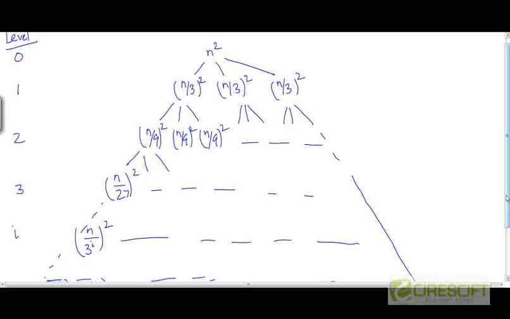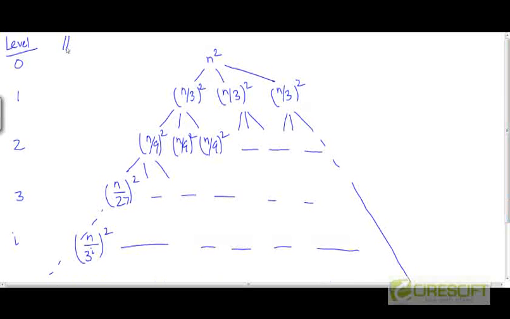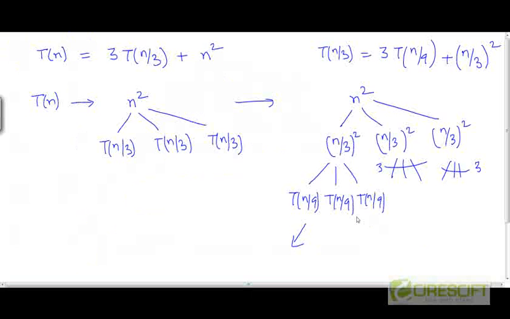And the number of nodes at each level will be 1, 3, 3 squared, 3 cubed, and so on. Basically, the number of subproblems we have is 3.